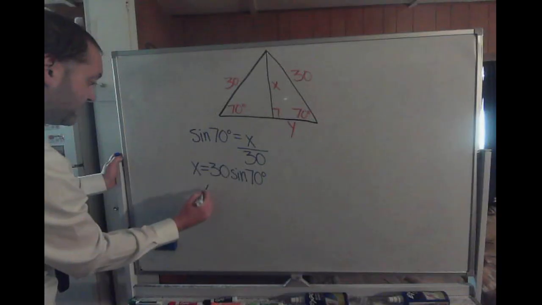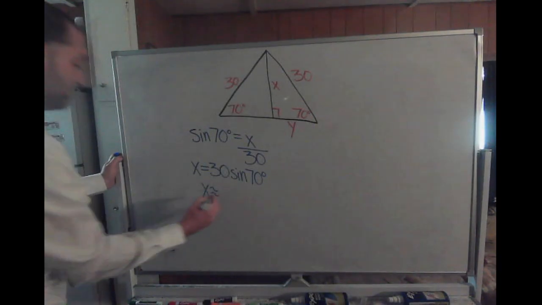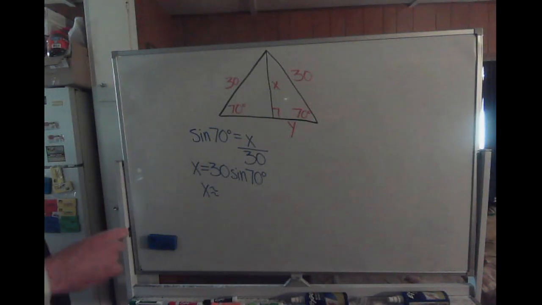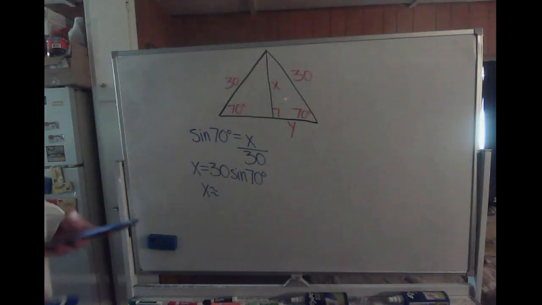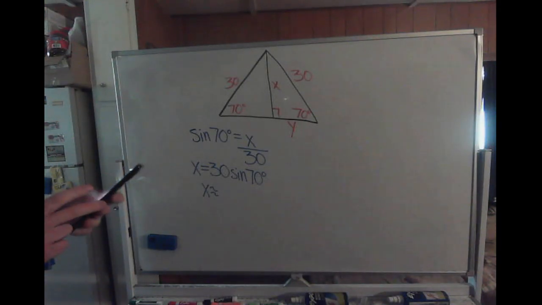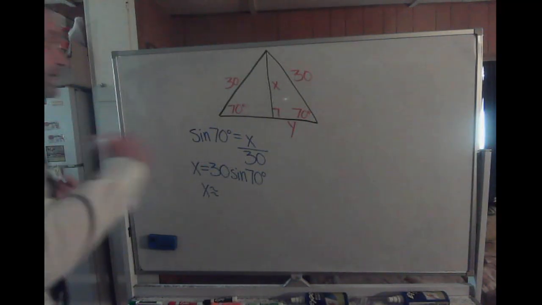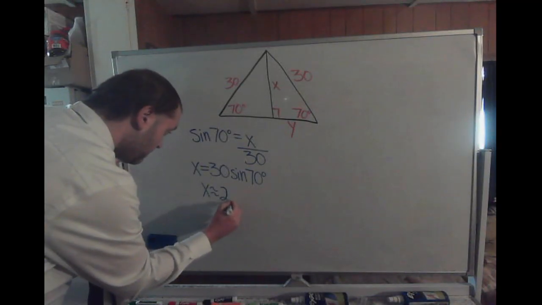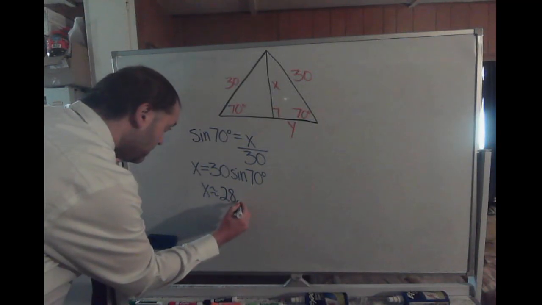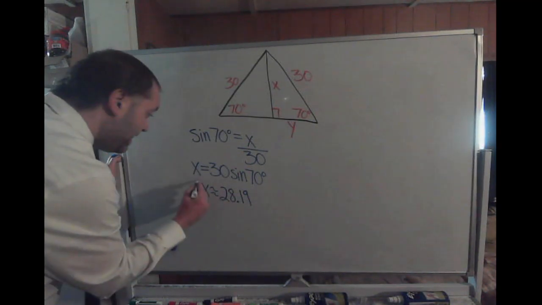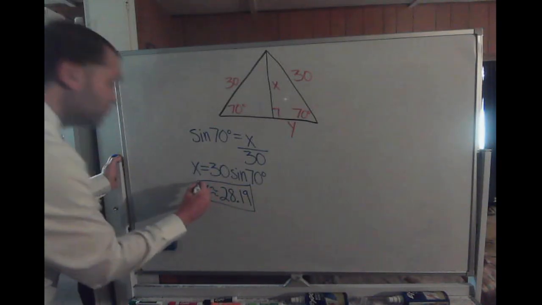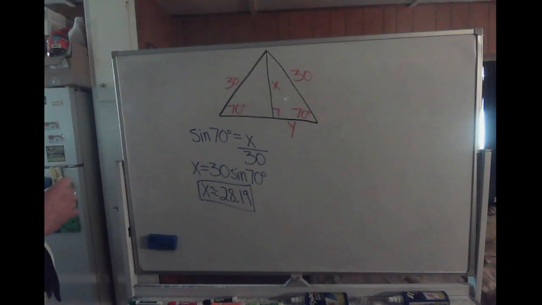Then we should be able to get a 2 decimal place approximation here, which would give you about 28.19. So the value of x is approximately equal to 28.19.